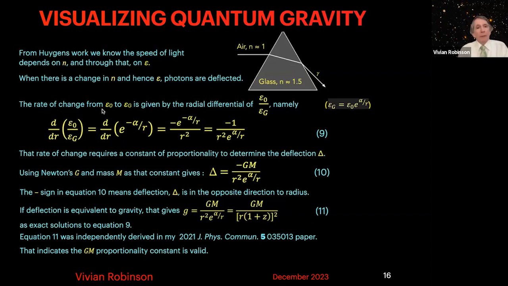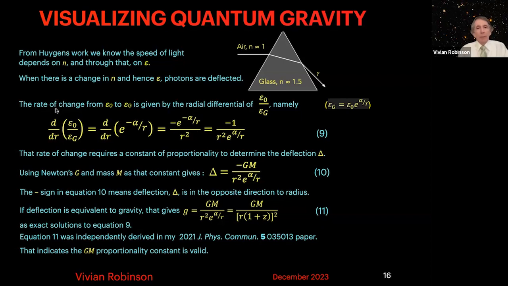The rate of change from epsilon naught to epsilon g is given by the radial differential of epsilon naught over epsilon g. And showing here, that is the relationship between epsilon g and epsilon naught.